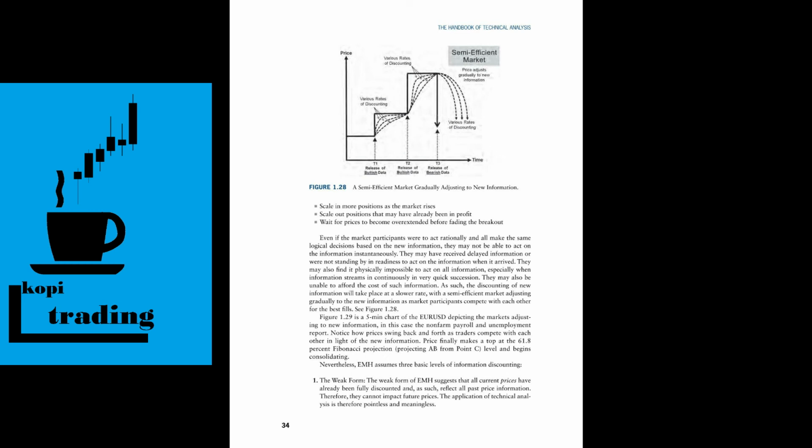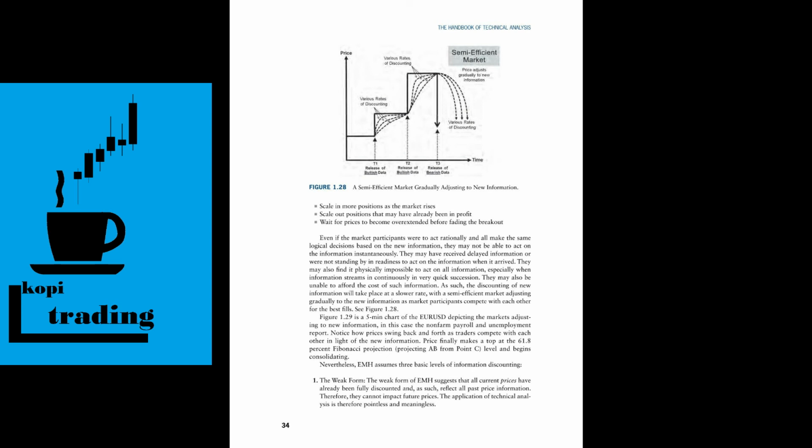Even if the market participants were to act rationally and all make the same logical decisions based on the new information, they may not be able to act on the information instantaneously. They may have received delayed information or were not standing by in readiness to act on the information when it arrived.